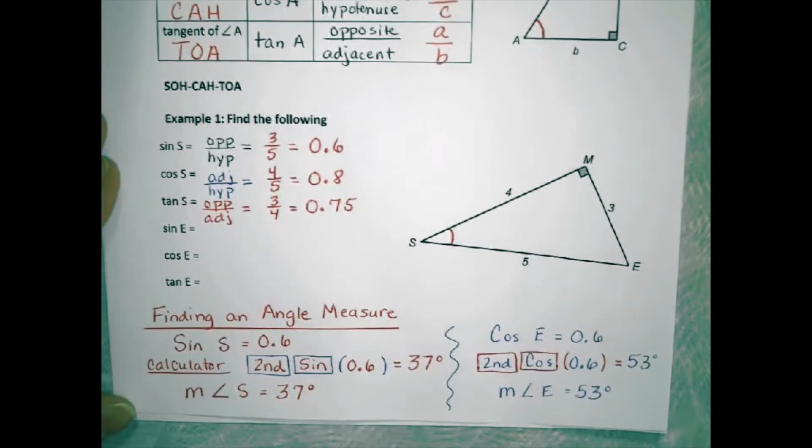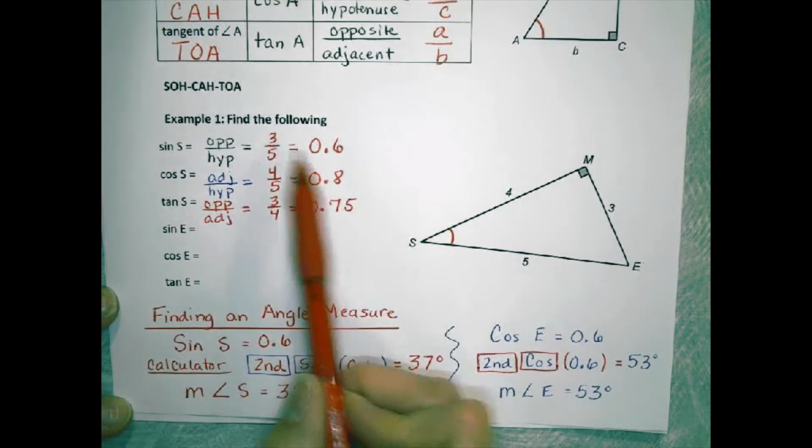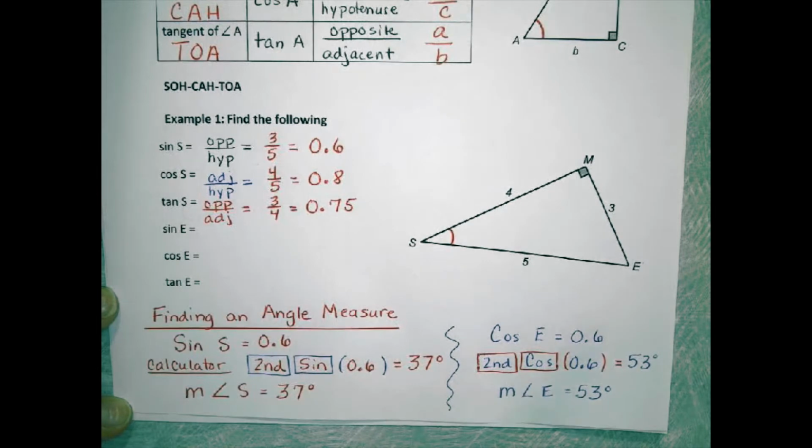So for example, if I know that sine S is 0.6 as calculated above by the opposite over the hypotenuse, I can use my calculator to work backwards, so to speak, or find the inverse of sine to get the angle measure. Using my calculator, I would press the second button, the sine button, the sine that I calculated from my exact triangle, and equals, and it will tell me the measure of that angle. In this case, the measure of angle S is 37 degrees.